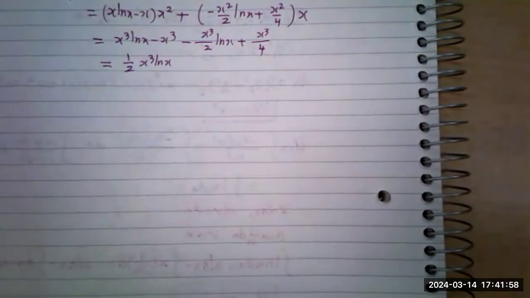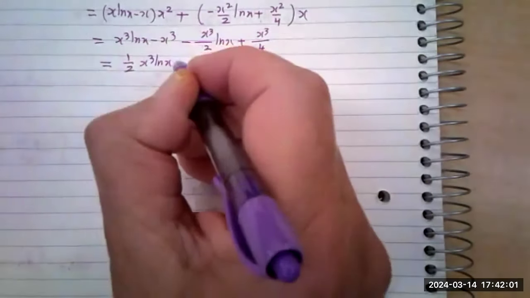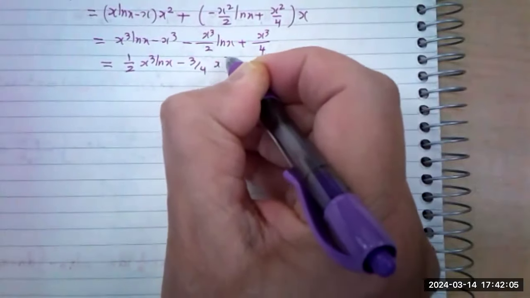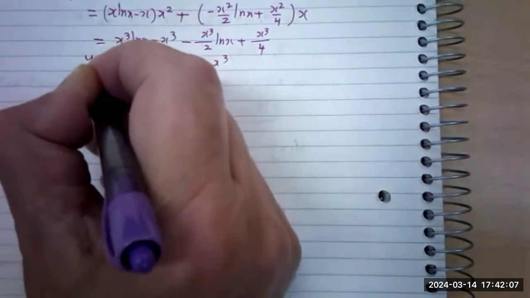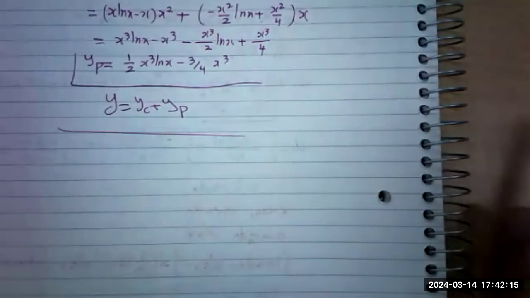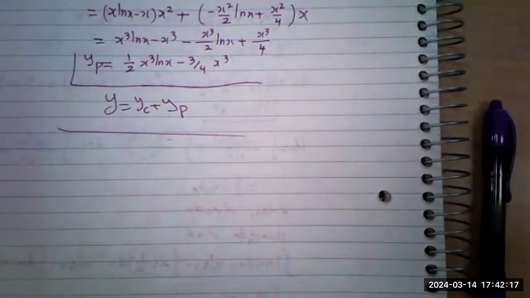Negative 1 plus quarter gives me negative 3/4 of the x cubed. So that would be your yp. Or we can say c plus yp. That gives you the solution of the nonlinear equation.